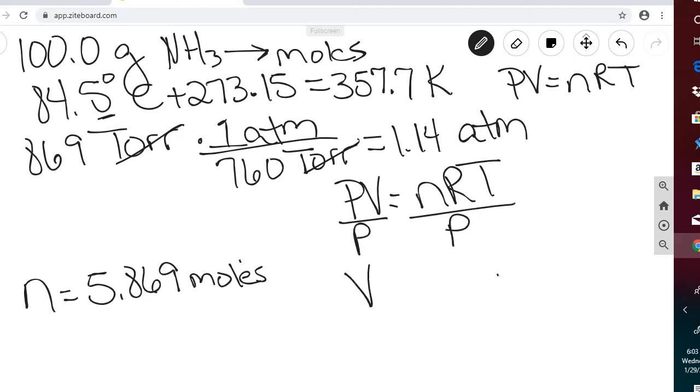So V is equal to nRT divided by P. Okay, so then let's just plug in numbers.